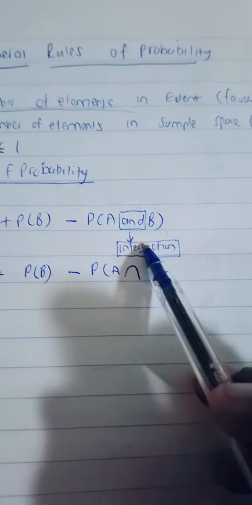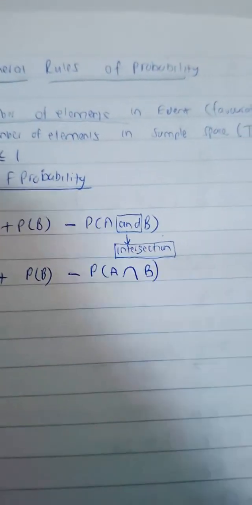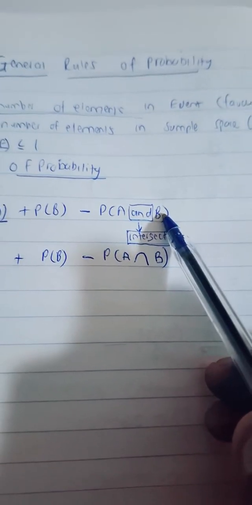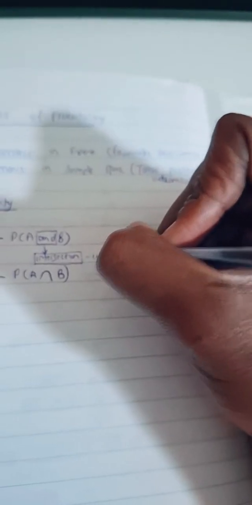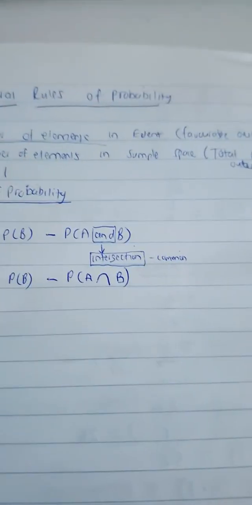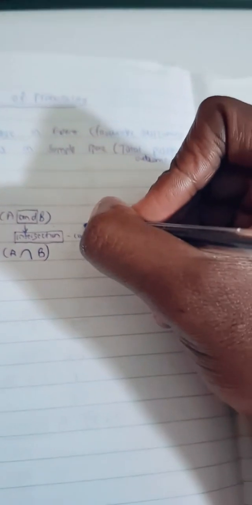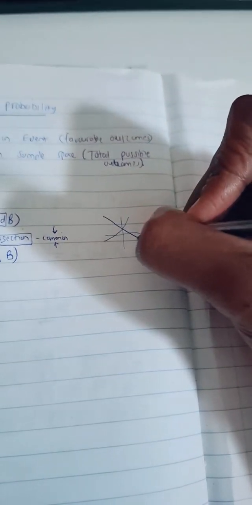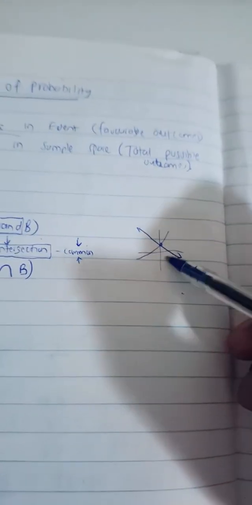The intersection has to do with what is common between event A and event B. Intersection, simply put, means common. I'm sure this word is not new, because even with functions, when you have an exponential function and a straight line function, we talk about the intersection of two functions.